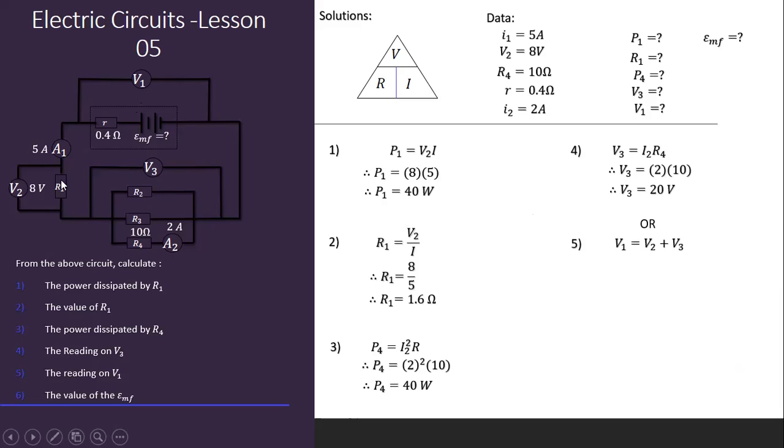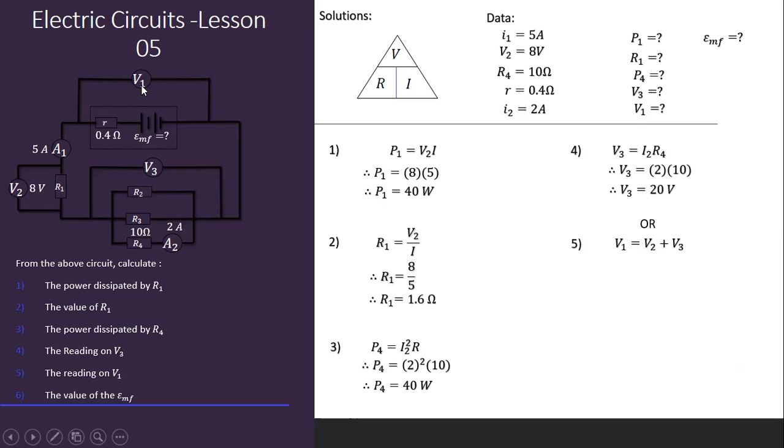This V is the voltage across the external circuit. And from the external circuit, what do we have? We have the voltage for R1, and we have the voltage for this parallel connection. And remember, V1 measures the voltage of the total external circuit.